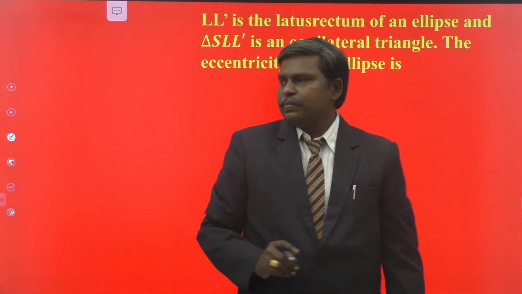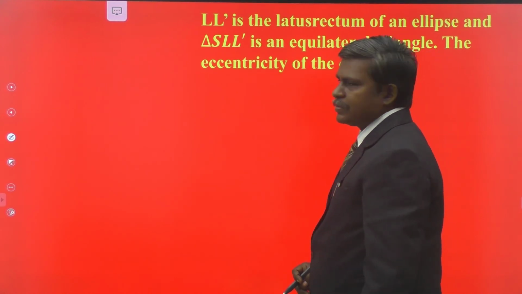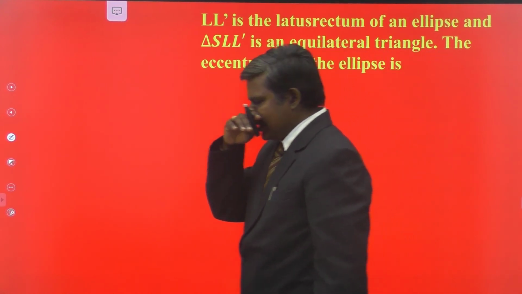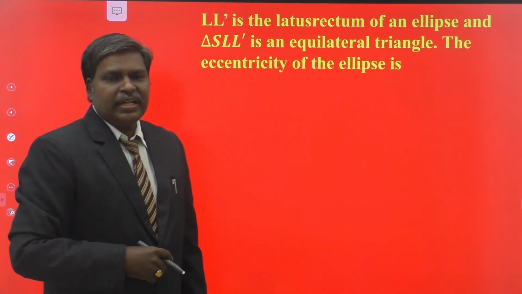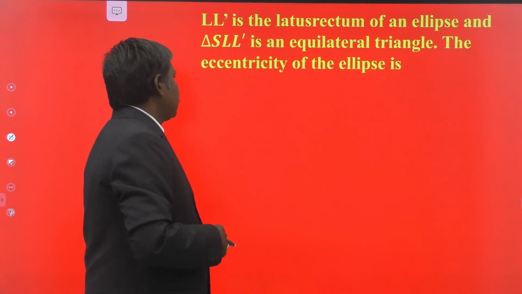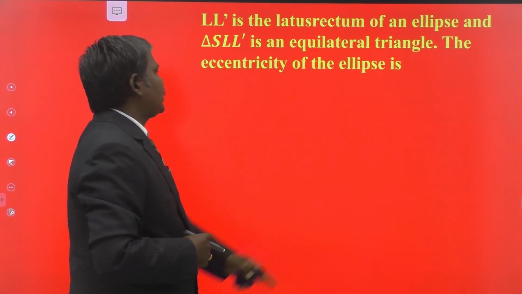What is the question? L is the latus rectum of the ellipse. This is the focal chord perpendicular to the major axis. And triangle SLS' is an equilateral triangle.